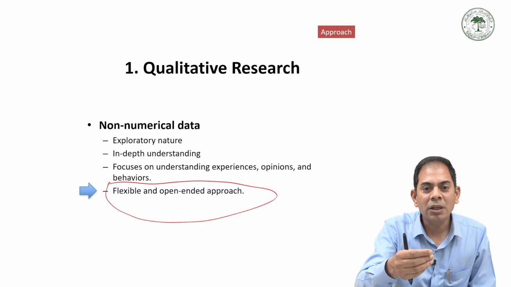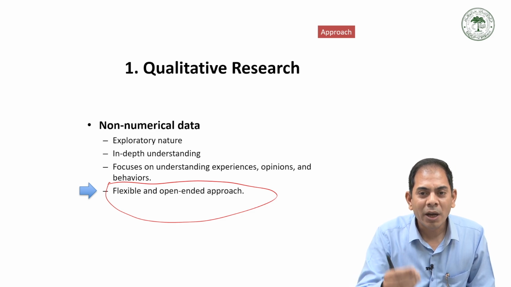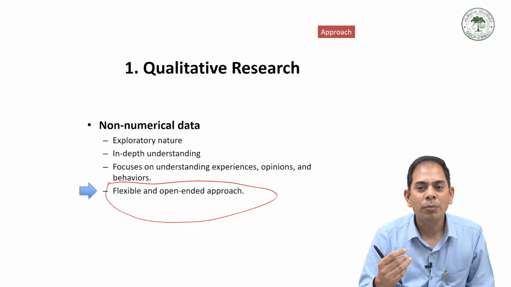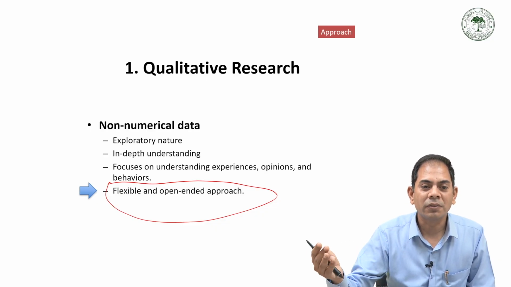So, learner, in simple words, qualitative research helps us understand why and how people think and behave. Especially in sports, it is very useful for studying psychological factors, team dynamics, and athlete experience in different situations.